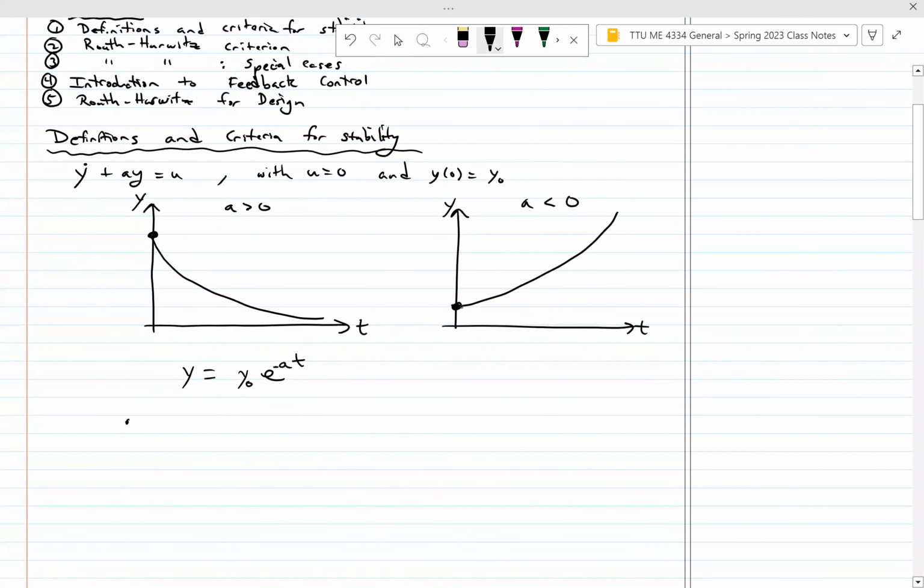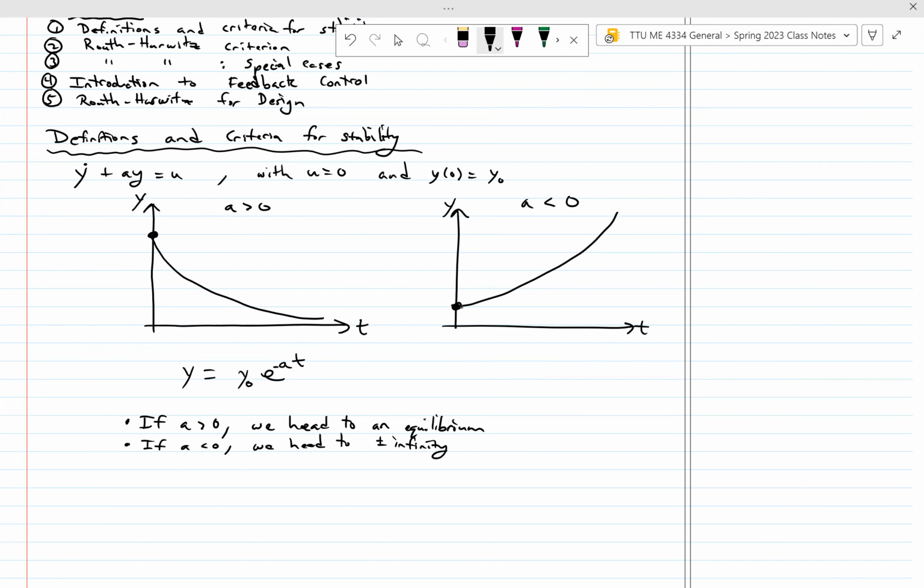So if a was greater than 0, we head to an equilibrium. You guys remember that term, which would be 0 in this case. And if a was less than 0, we head to plus or minus infinity.